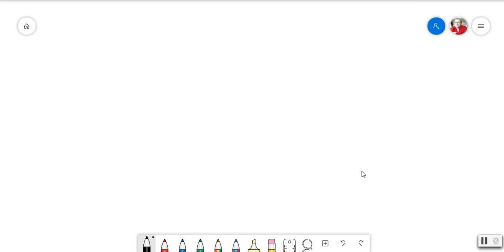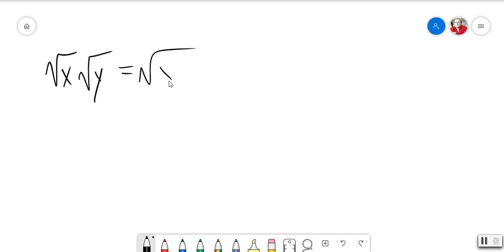Let's talk about products. Products and quotients are pretty much the same. The product of radicals is a radical of a product. In other words, if you got two things multiplied together under separate radicals, you can stick them under the same radical.